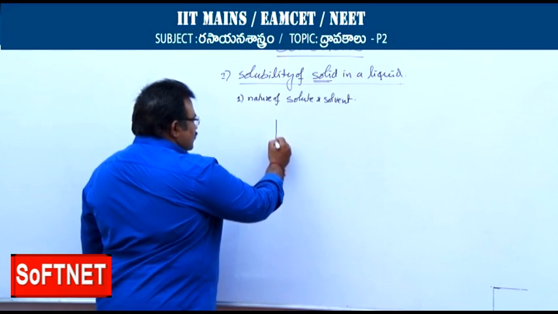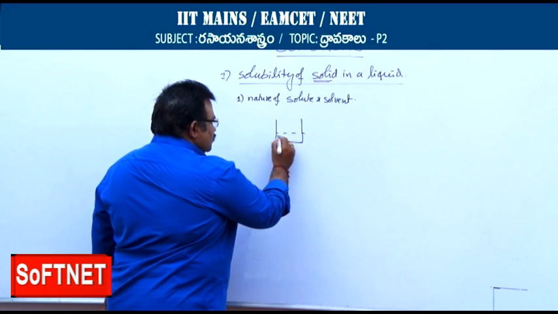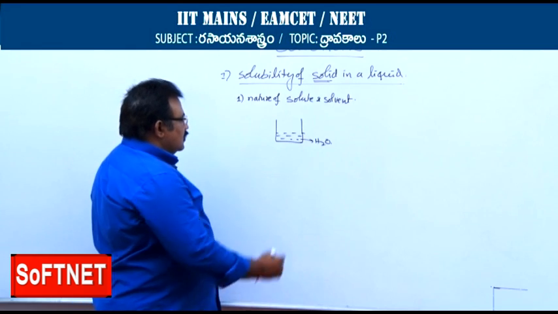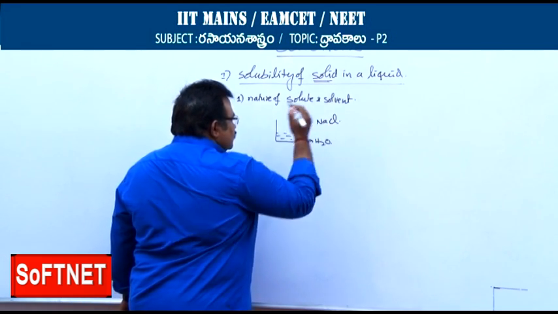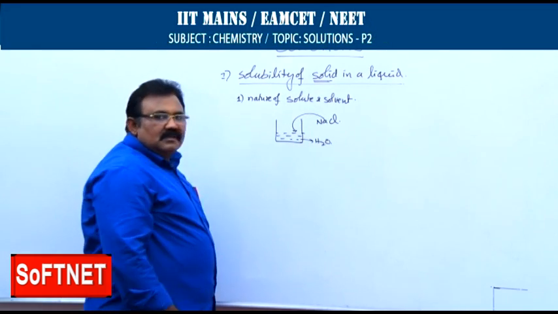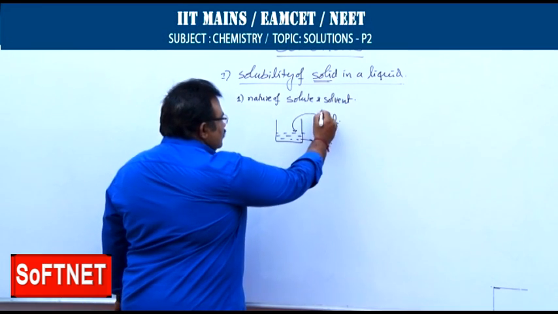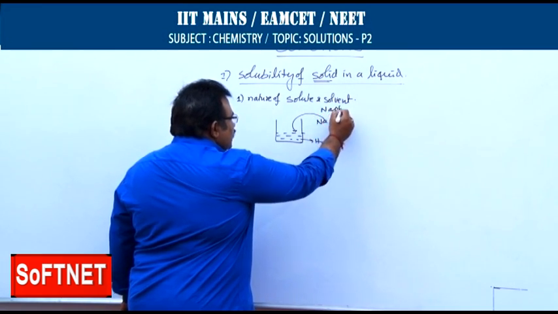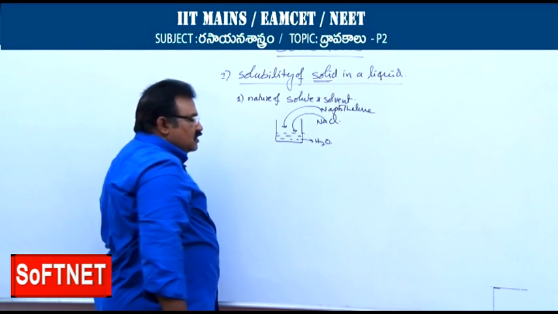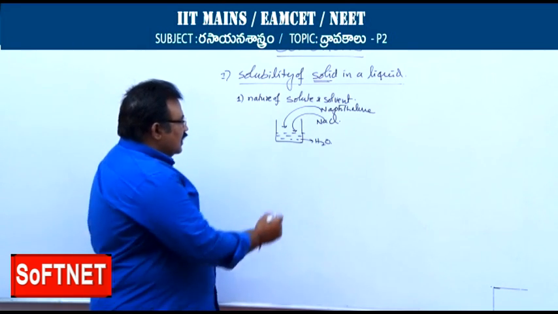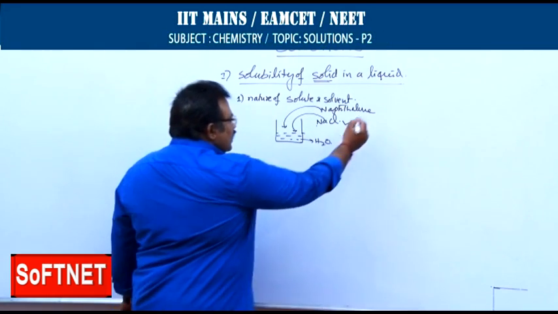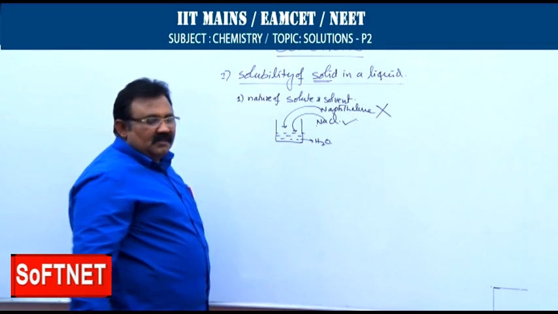Suppose take some water, which acts as solvent, and add some sodium chloride into this solvent. Whereas take another solute, naphthalene, and add it. Sodium chloride is soluble in water, whereas naphthalene does not dissolve in water.